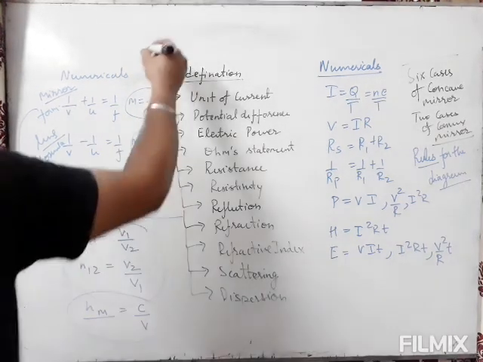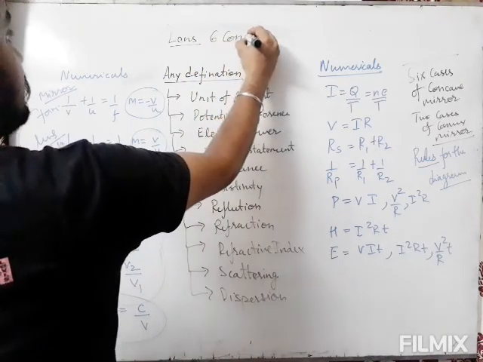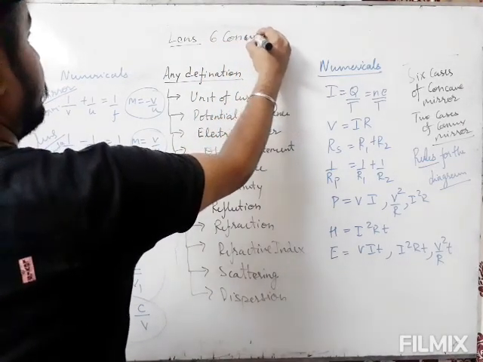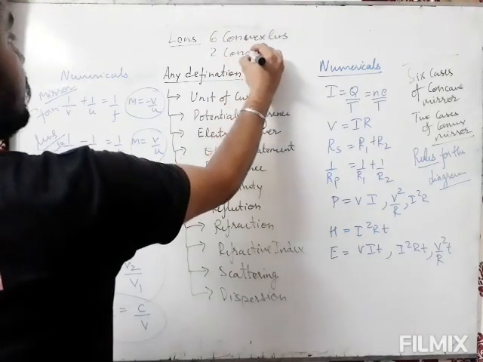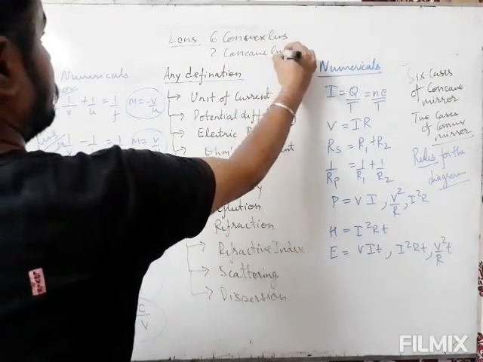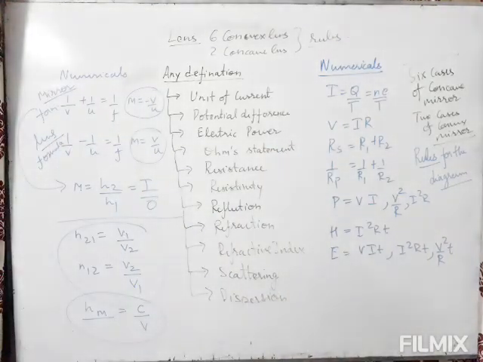Similarly for lenses also: six cases for the convex lens, two for the concave lens, and also the rules to obtain those diagrams. So the syllabus moves around all these criteria, which we have done in a very good manner earlier also.